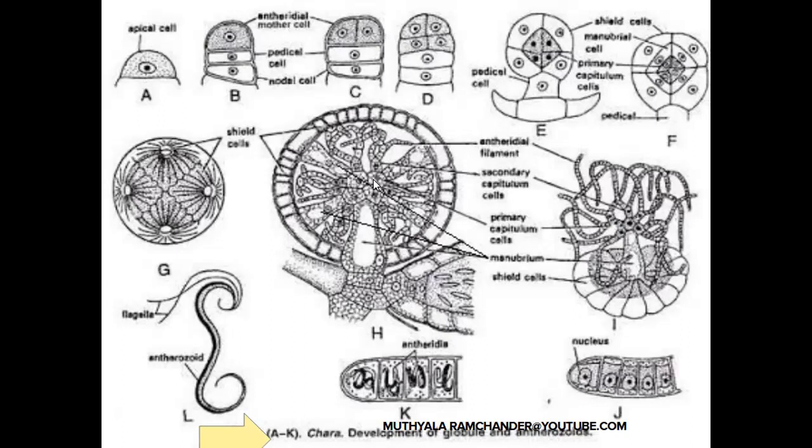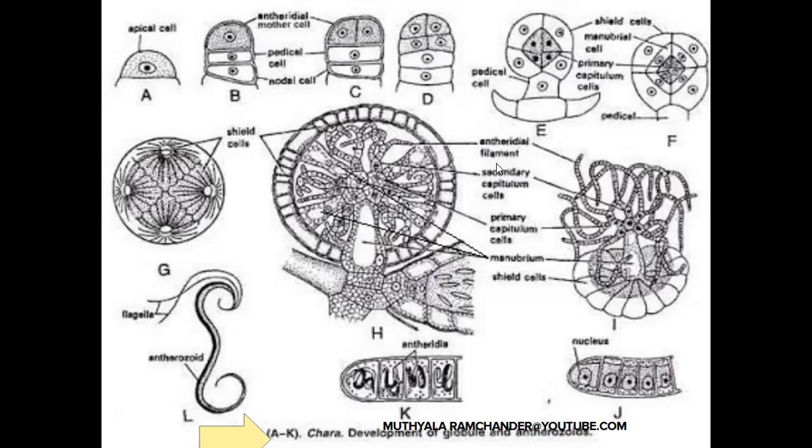These ribbon-like structures are called secondary capitulum cells. The secondary capitulum cells again produce small ribbon-like structures. The small ribbon-like structures are called antheridial filaments.